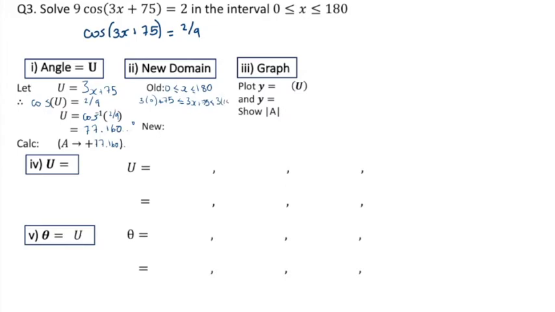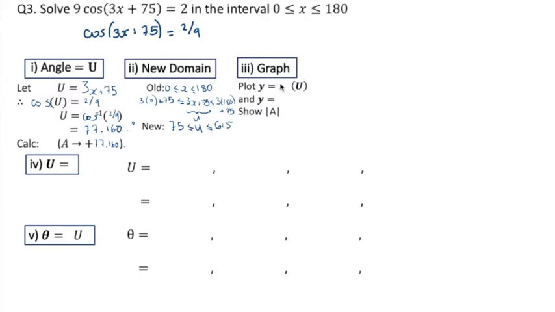So 3 times 180 plus 75. If I work those out, 3 times 0 is 0, plus 75 is 75. Now this is just my U. So my new domain is U is between 75 and, if I times 180 by 3 plus 75, I'm going to get 615.